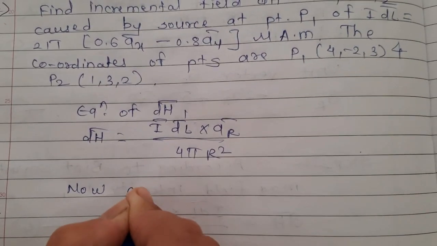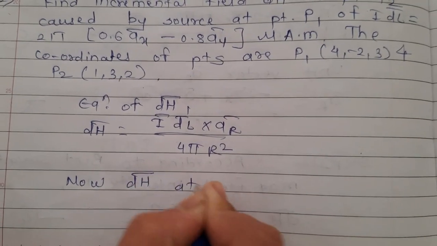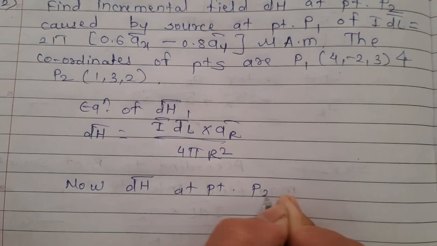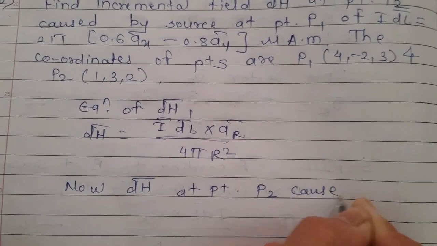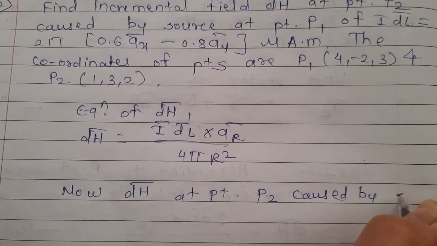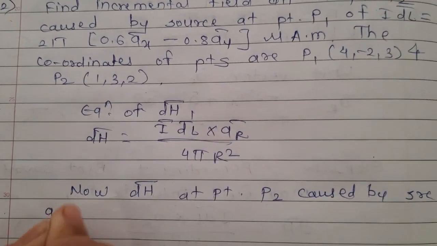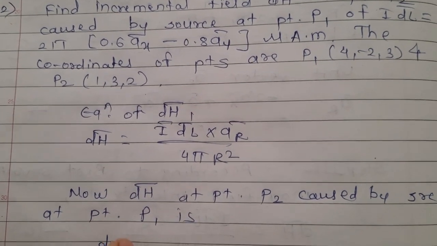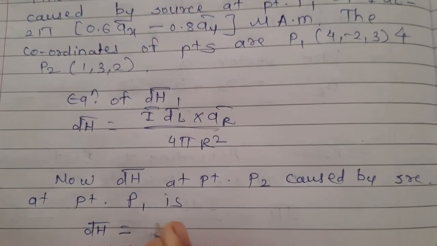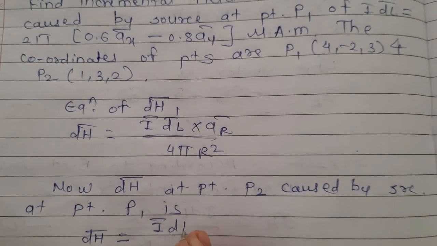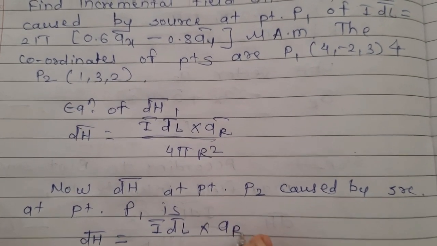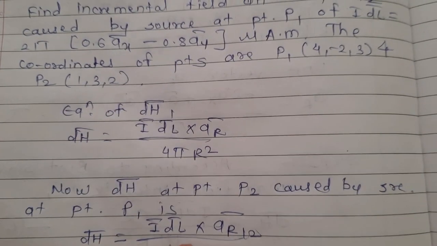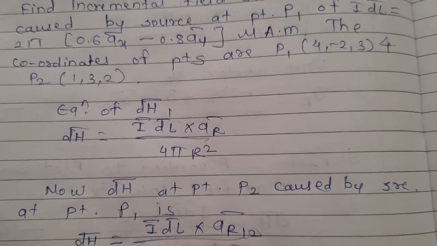Now dH bar at point P2 caused by the source at point P1 is dH bar equal to I bar dL bar cross aR12 bar divided by 4 pi R12 squared.